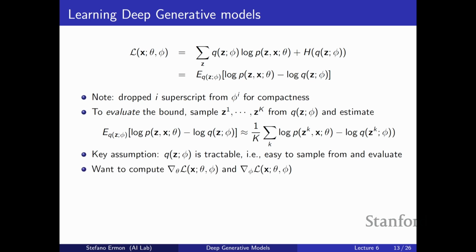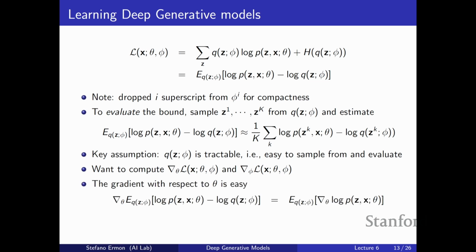And then we want to compute gradients of this quantity, right? We want to compute gradients with respect to theta and with respect to phi. And the gradients with respect to theta are trivial because the gradient of the expectation is approximately equal to the gradient of the sample average, essentially. The gradient is linear, so you can push it inside. The Q part does not depend on theta, so the gradient with respect to theta of this part is 0.